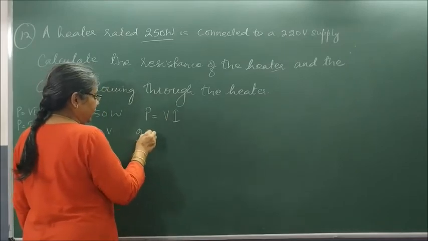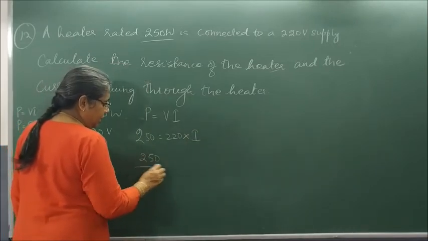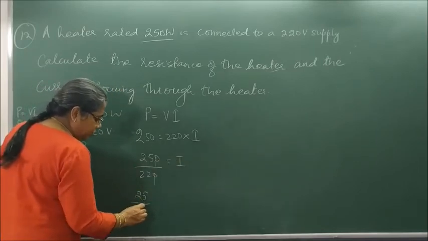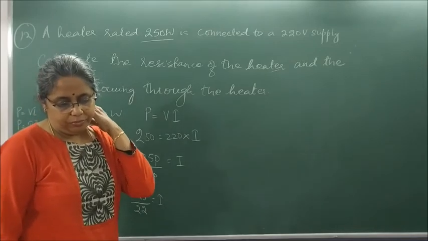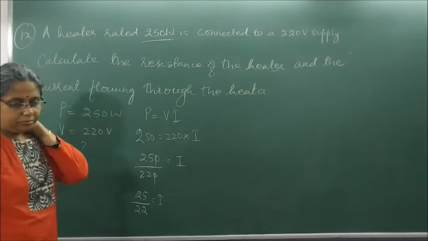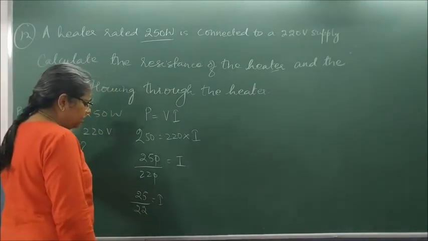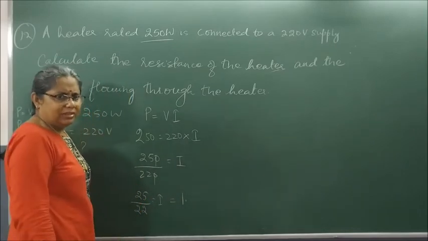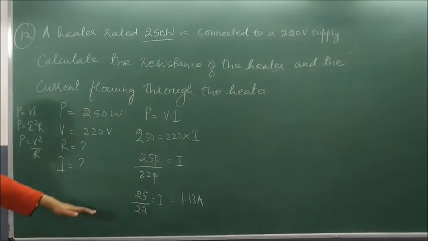P is 250 watt, V is 220 volts and I need to find out I. So 250 by 220 is equal to I. Cancel it, 25 by 22 is equal to I. Divide please, 25 by 22. 1 point something, 1.13 amperes. So this is what I have got as I.